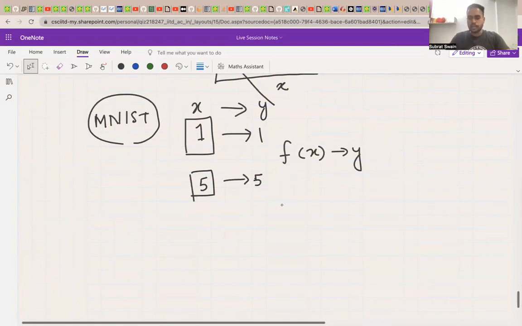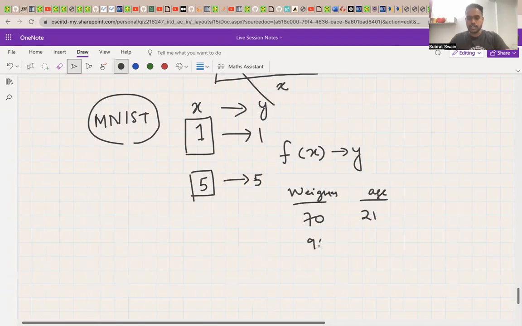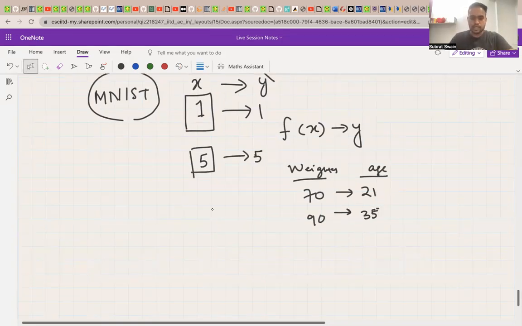But let's say you are given weights and you have to predict the age. The weight is 70, the age is 21. If the weight is 90, let's say the age is 35, or anything. So what is the problem with this? Some things can be linear, right? The function from weight to age can be linear.